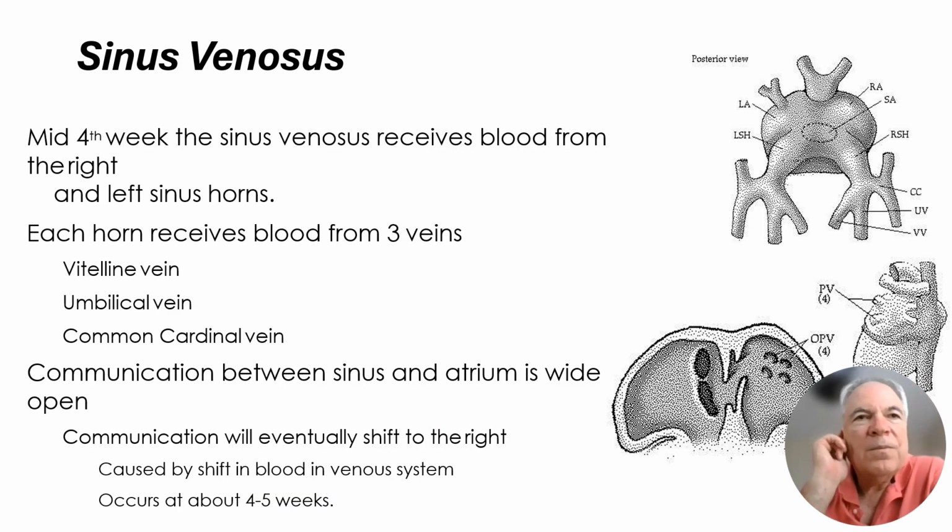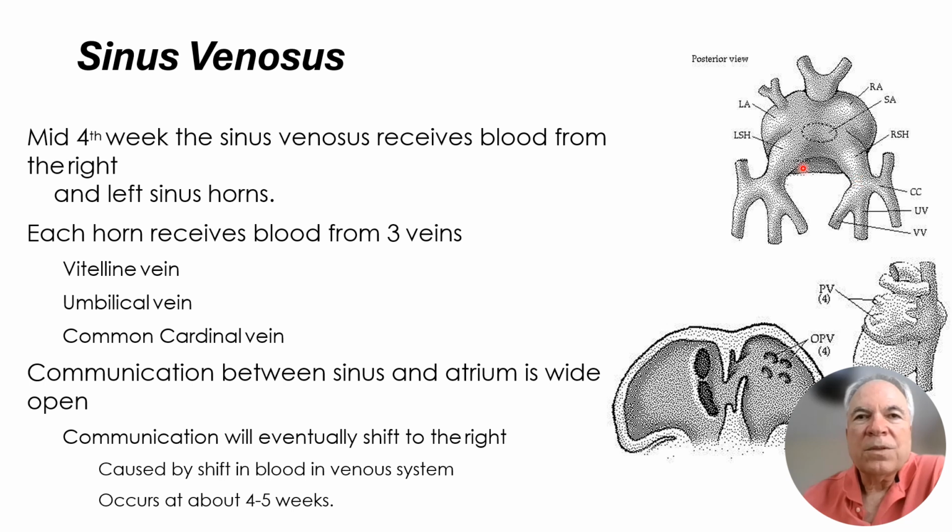So about week 4, the sinus venosus gets its blood from the right and left sinus horns. Each horn receives blood from 3 veins, so you need to know this: the vitelline vein, the umbilical vein, and the common cardinal vein. You can see the 3 veins down here, and that's the same on each side.